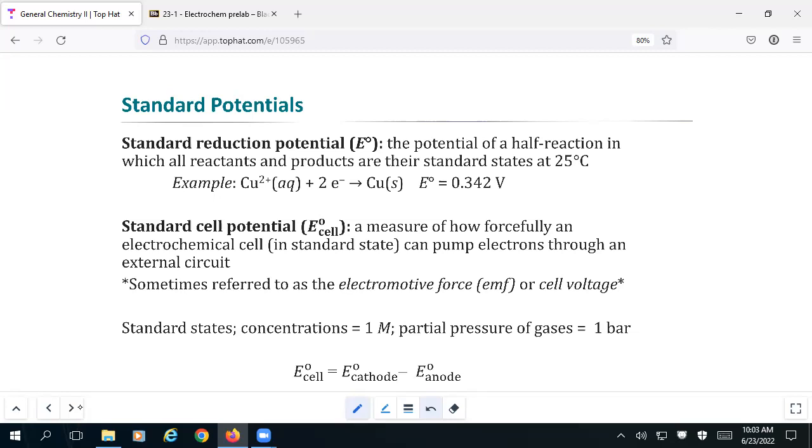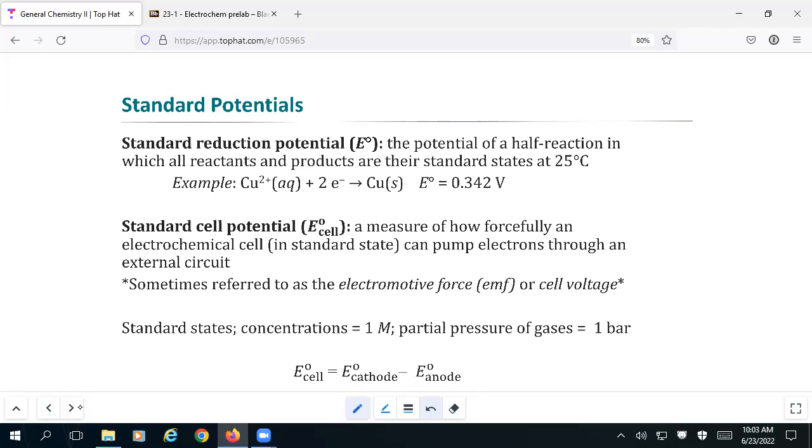We can measure the voltage associated with a cell, so half of a battery, based on something called the standard hydrogen electrode. And we'll talk about that in a second. But what it does is give us a value for the reduction potential of that cell.